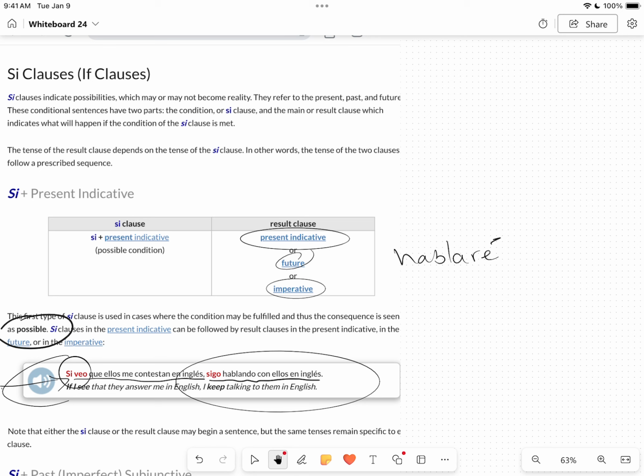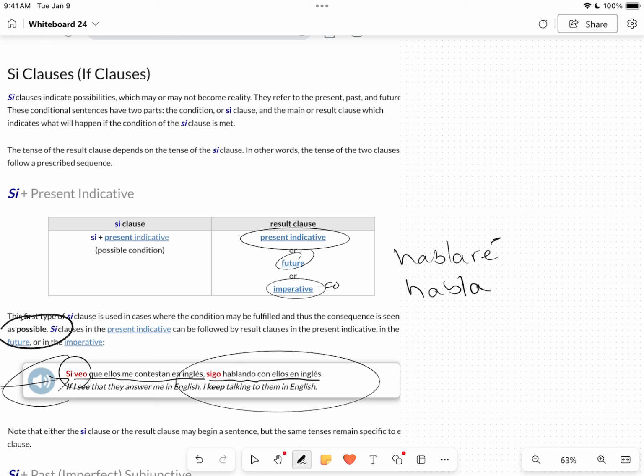In the imperative, let's change it a little bit and say she's talking to you and she says, si ves que ellos te contestan en inglés, if you see that they are answering you in English, and then she gives a command: habla con ellos en inglés, just regular imperative.